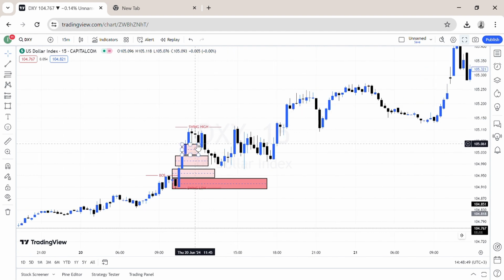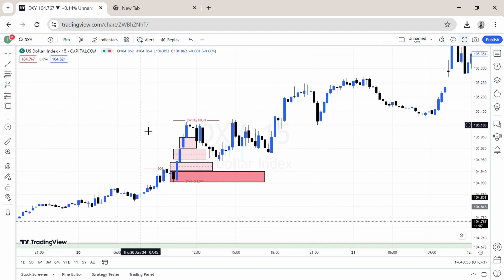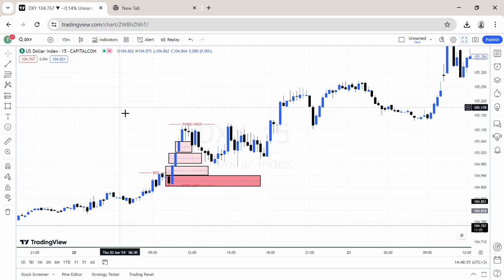Because if you want to enter at this fair value gap, where it is at the premium, and you want to buy, you don't want to buy when it is expensive. You want to buy when it is cheap. So wait for the price to come to the discount. So you wait for the price to tap into a point of interest at the discount zone.